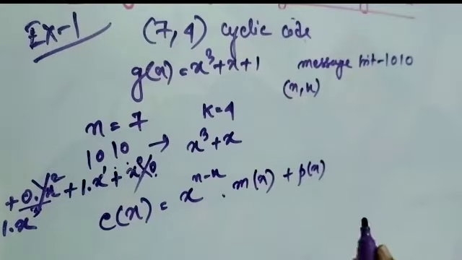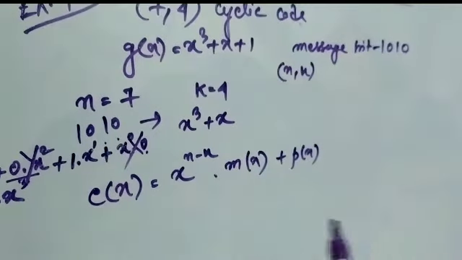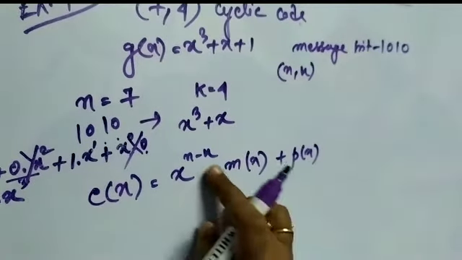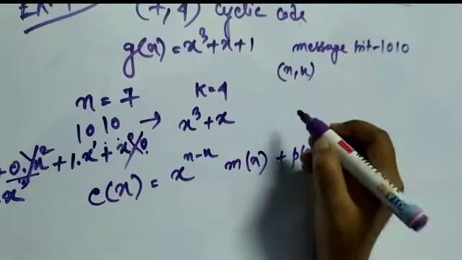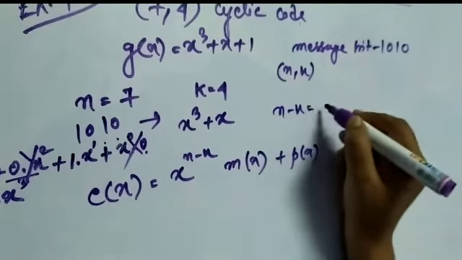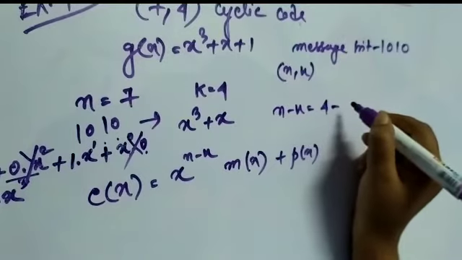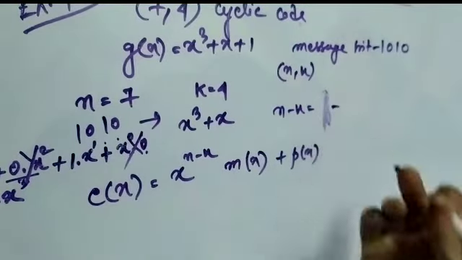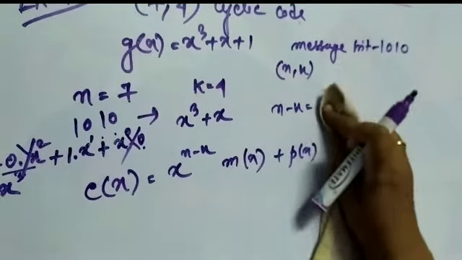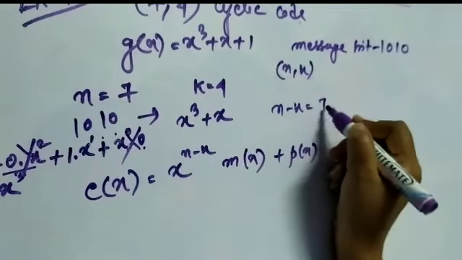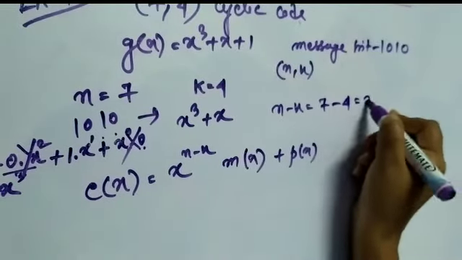So it is our equation where I can get C(x). Now our task is first to find out x to the power n minus k. Here n equals 7, k equals 4. So therefore it is 3.